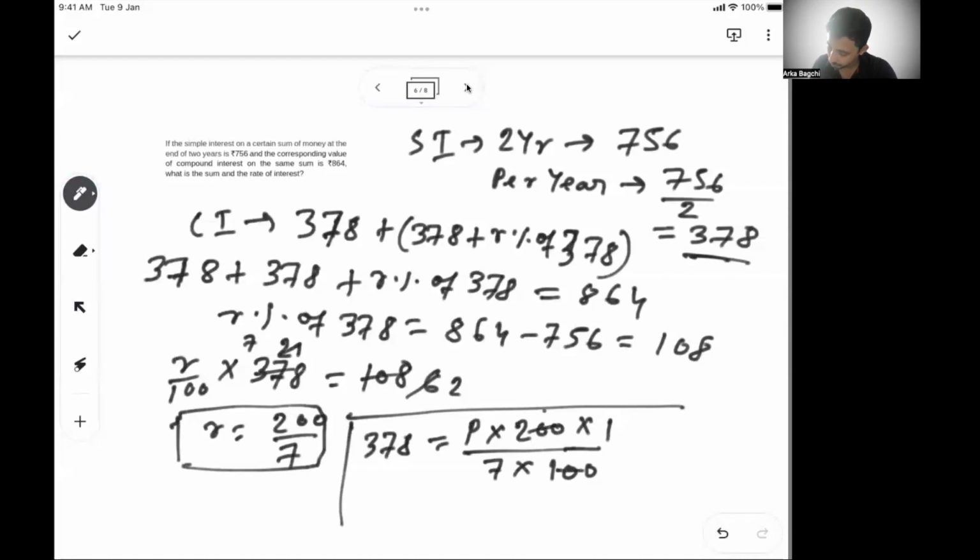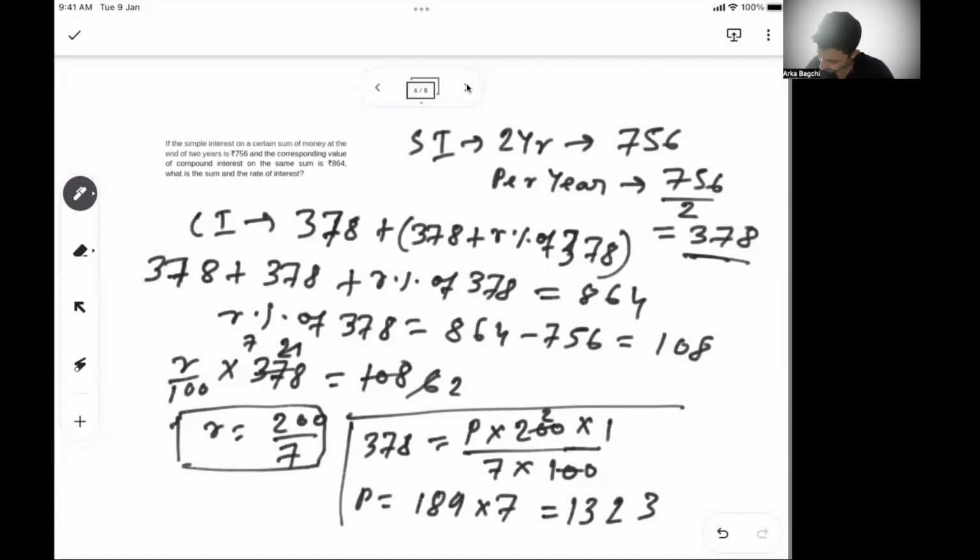So this is 2 by 7. So P equals 189 into 7, which is 1323.